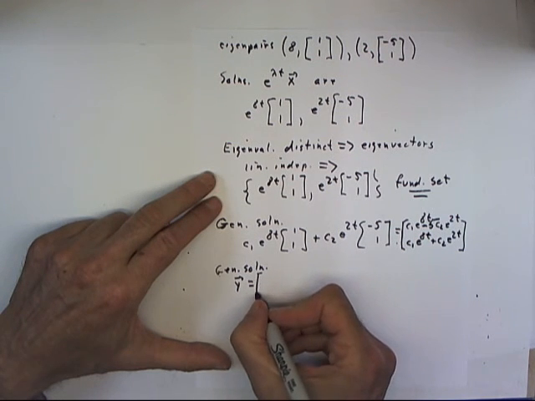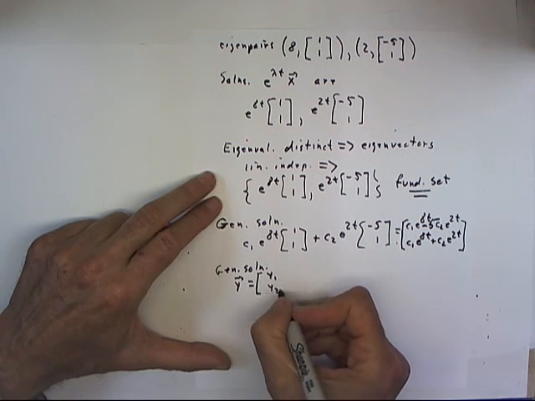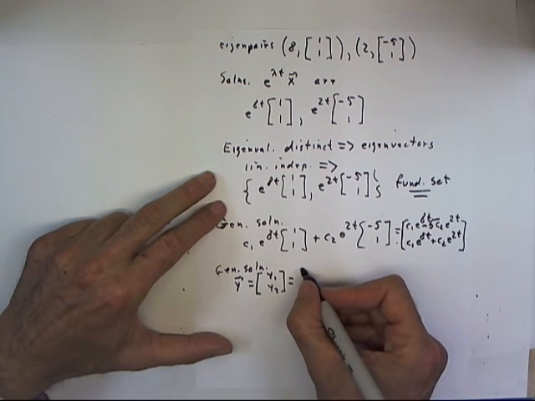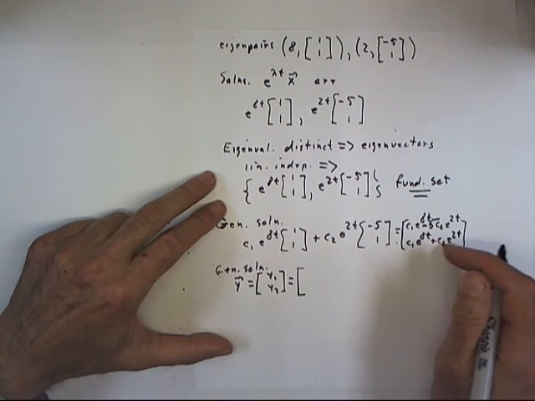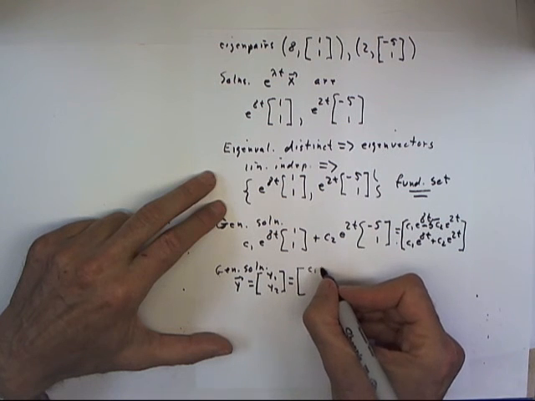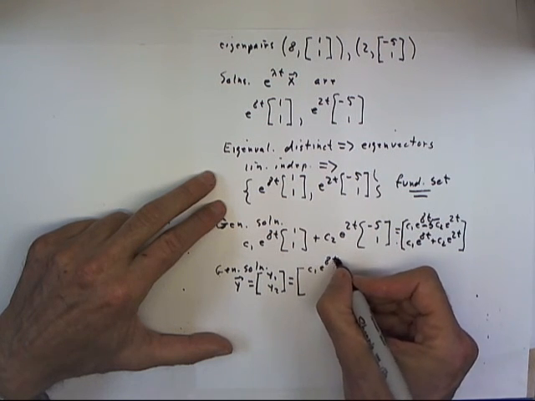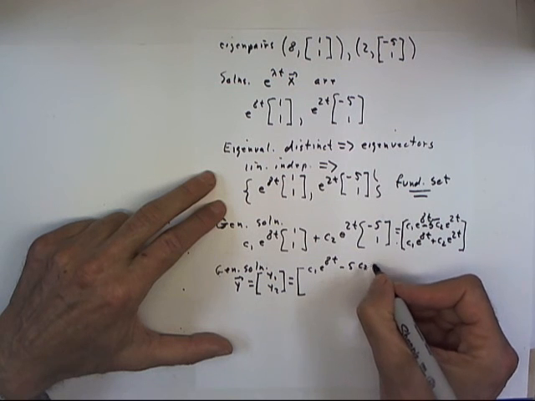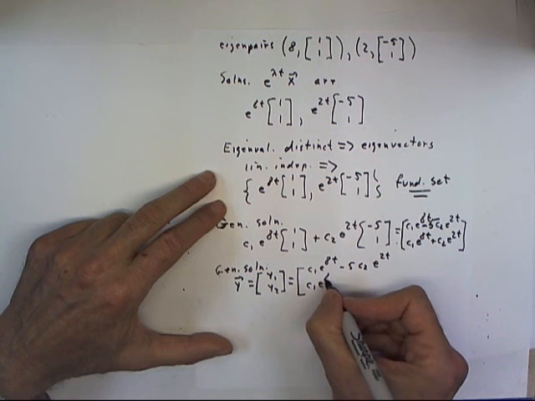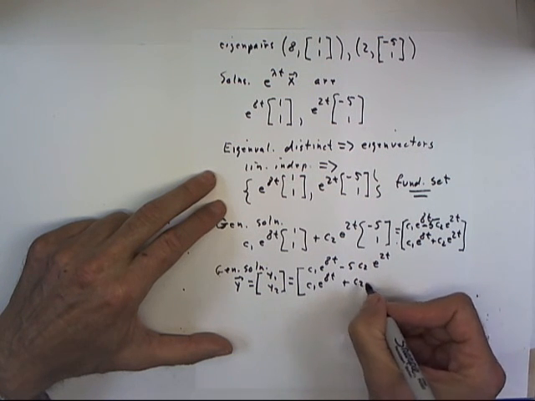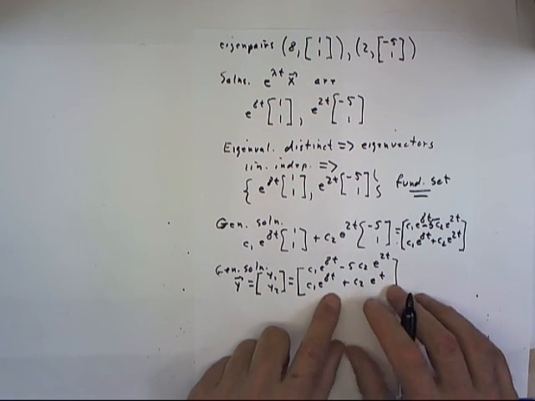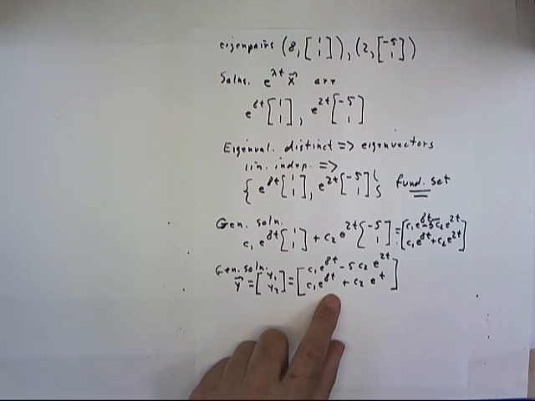y equals y1, y2 equals this. If we multiply this out and add them up, we get, again, and I'll write it out a little more clearly, so that we have this solution to our system.